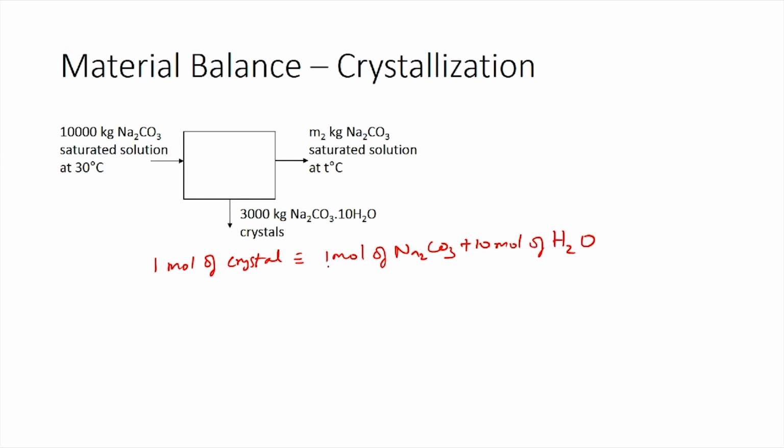So, 1 mole of Na2CO3 technically contains 106 grams of Na2CO3 and 180 grams of water.